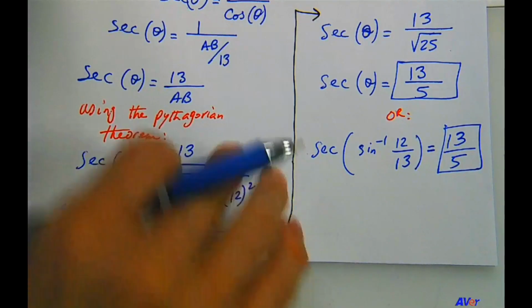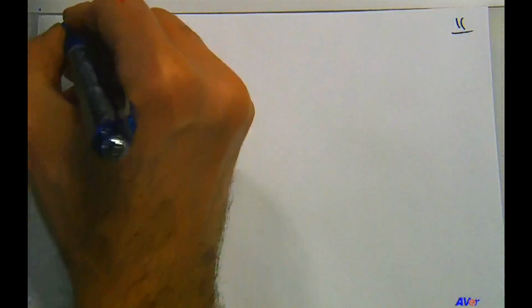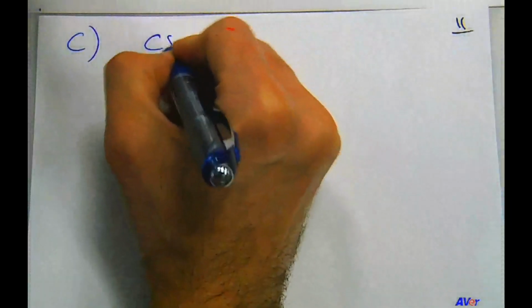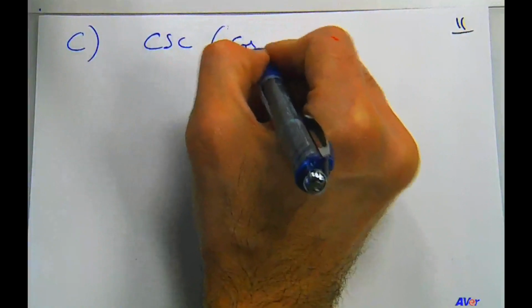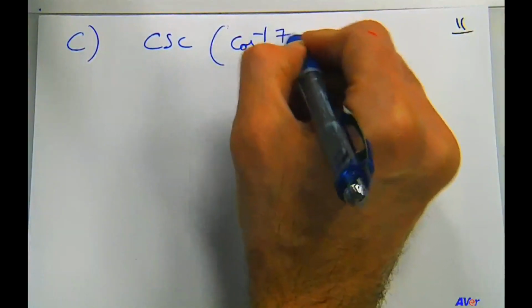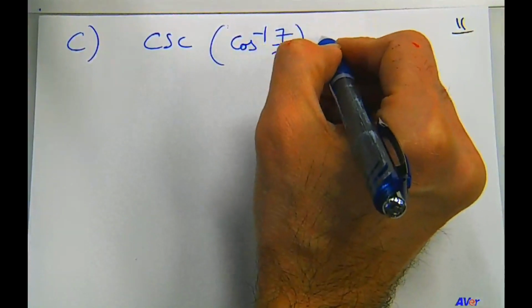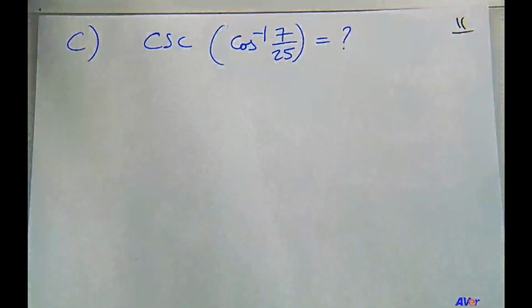Okay, let's do another example. So we want to calculate cosecant of inverse cosine 7 over 25. We want to calculate that.